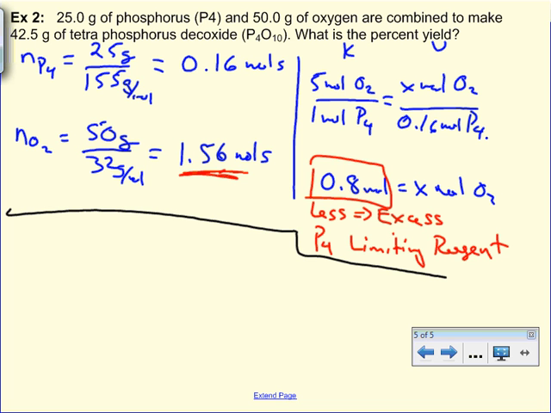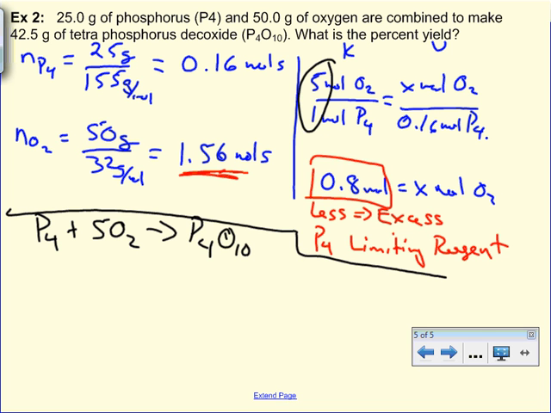So I'm going to compare P4 to P4O10, and I have a balanced chemical equation, which I did right before, P4 plus 5O2, which is where I got that ratio, gives me P4O10.